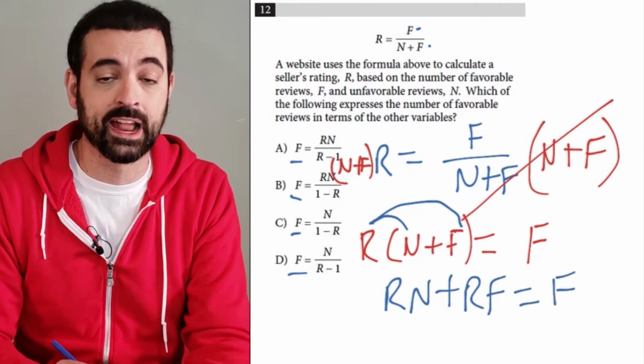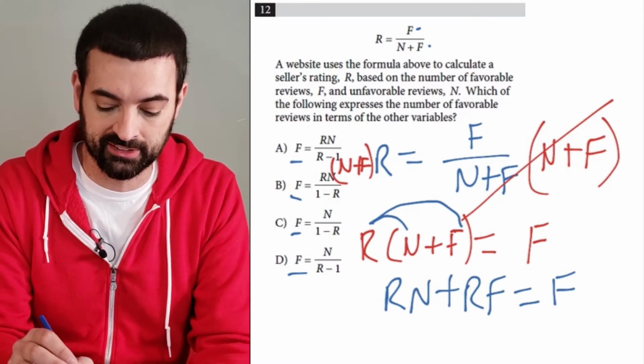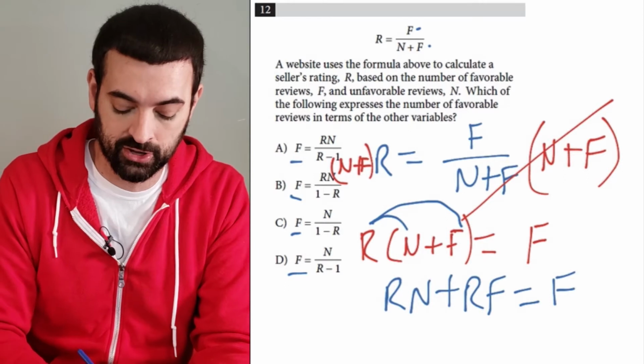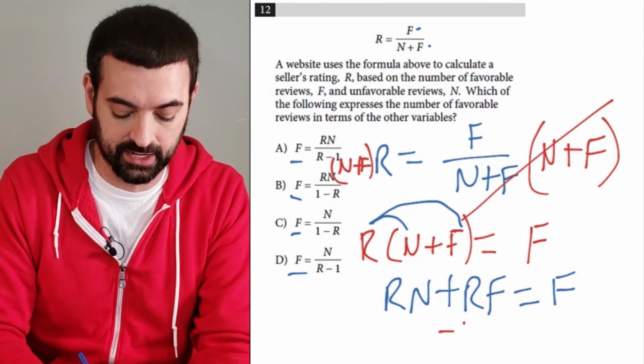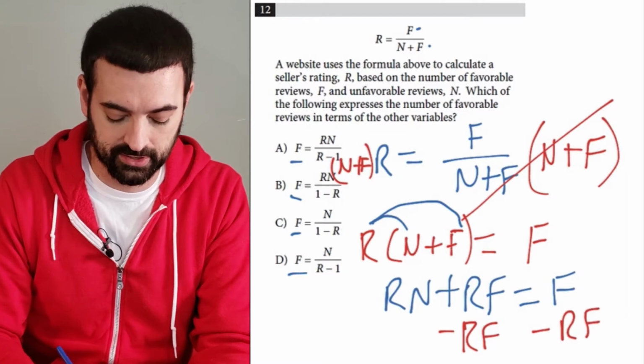And at this point, I really can just use addition, subtraction, really simple operations to put all of the f's on the same side of the equal sign, minus Rf, minus Rf. I'm going to move up just a little bit. I'm going to switch to green just so everybody can follow.